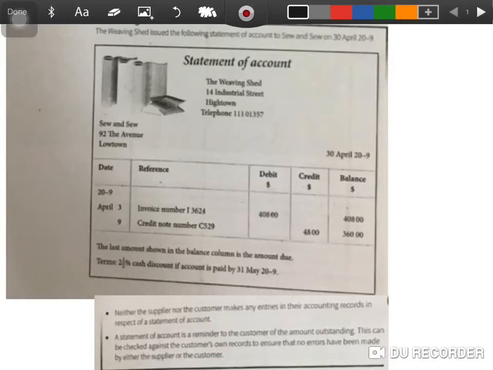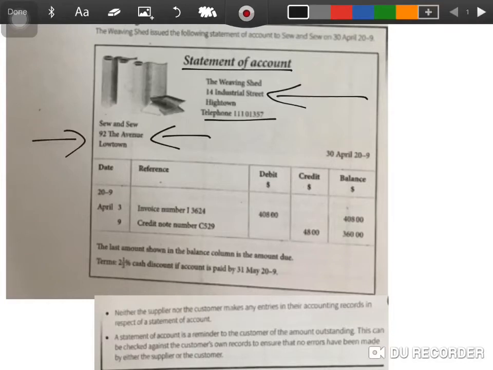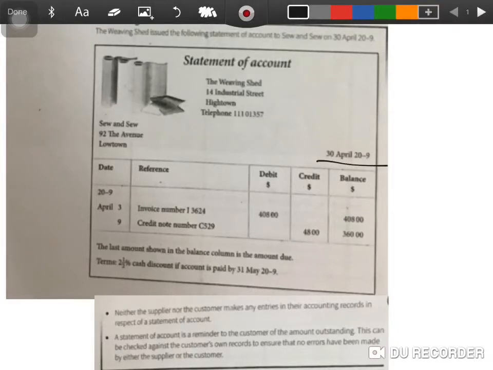So this is a statement of account, and this is the supplier, the business which is sending the statement of account, and this is the name and address of the customer to whom the statement is being sent. For example, if my bank is sending me a statement, then the bank's name and address is going to be here, and my name and address is going to be here, right? Moving on, you have the date. You can see that it is being sent at the end of the month, 30th April 2019.